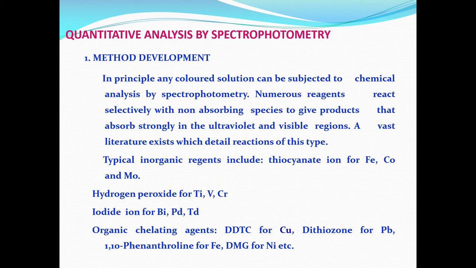And rare elements, of course, may not be there, and some elements which we do not need for chemical analysis, but 90% of the periodic table can be determined by spectrophotometry.